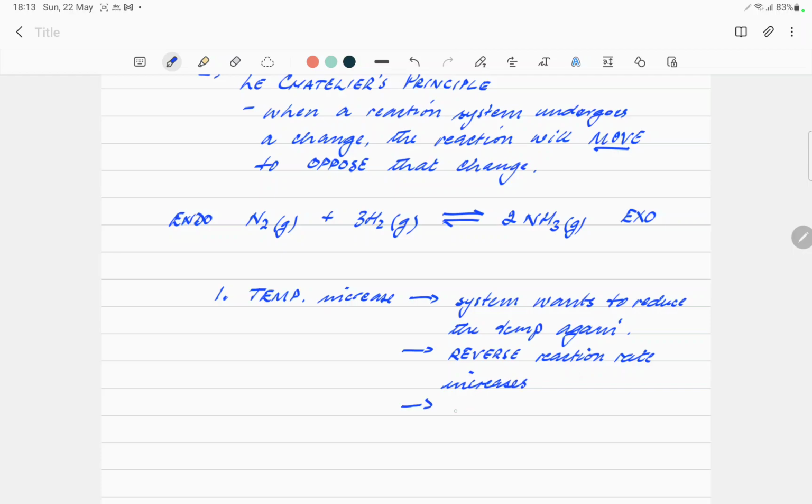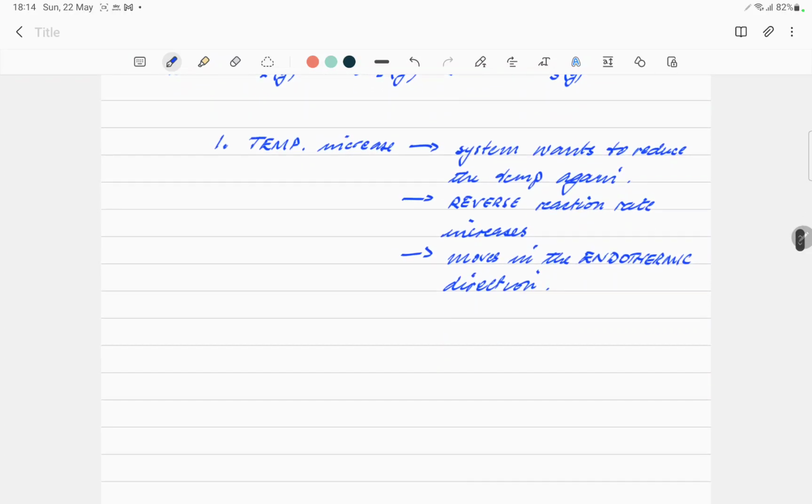So in other words, it moves in the endothermic direction. Does that make sense so far? Yeah, so it moves in the endothermic direction.